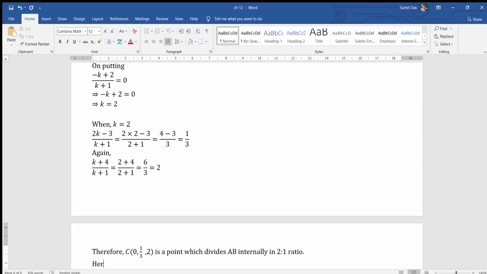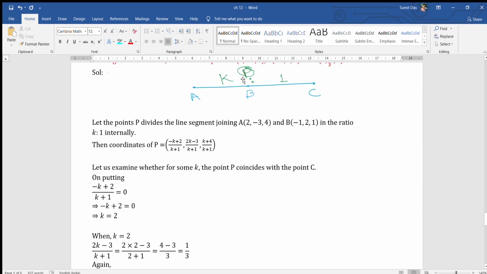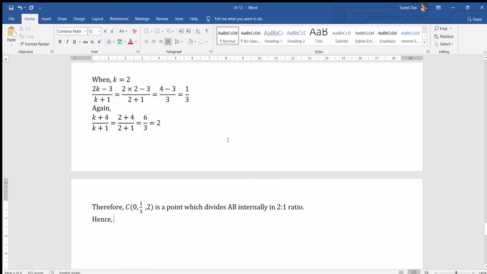Okay, hence how can I write 2:1 ratio? Because the k value we got is 2, so we took already that P divides AB in k is to 1 ratio. After that we got P and C coinciding. So we can see, hence we can write, A, B, C are collinear.